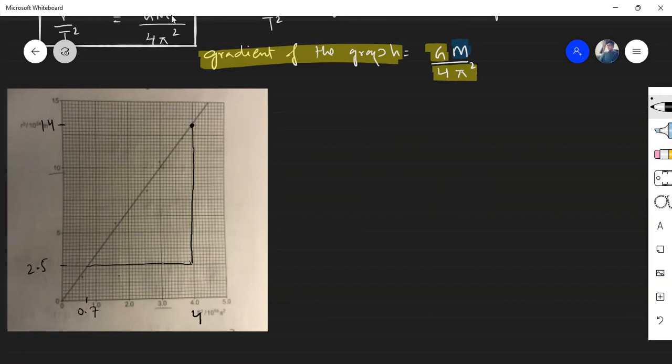So this length is 3.3, and the height is 12 and 11.5.